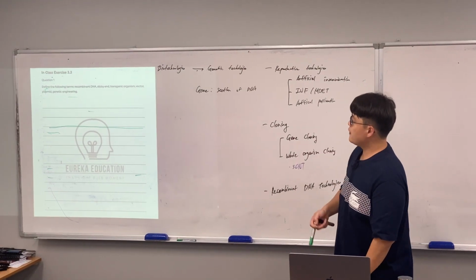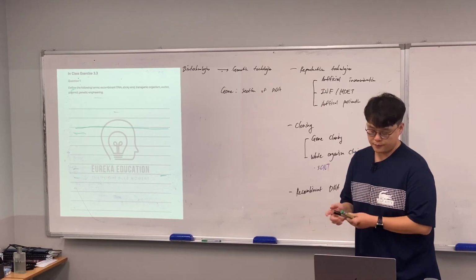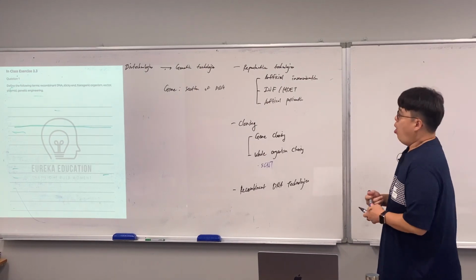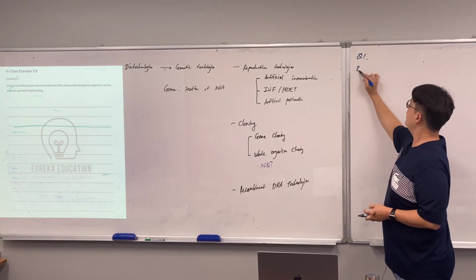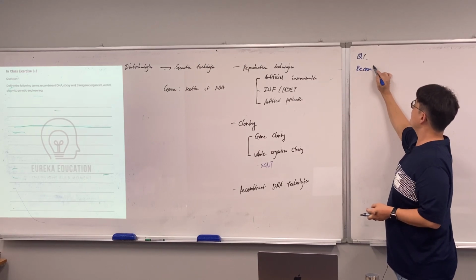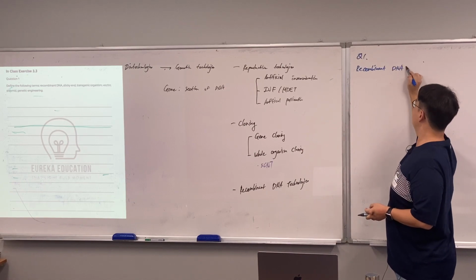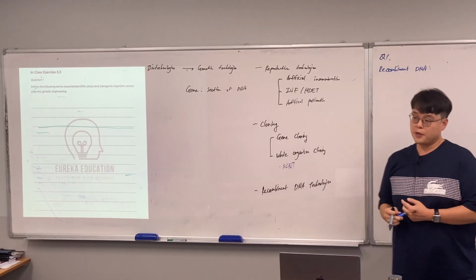Okay, so let's define the following terms in recombinant DNA technologies. Let's start from question 1. Recombinant DNA. So what is recombinant DNA? What are the key words for that?